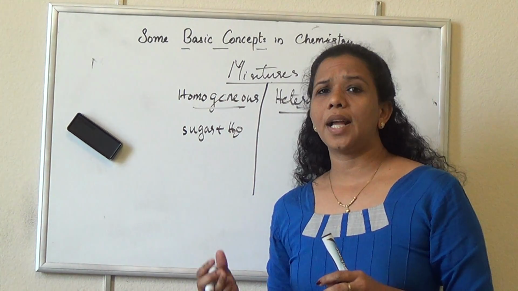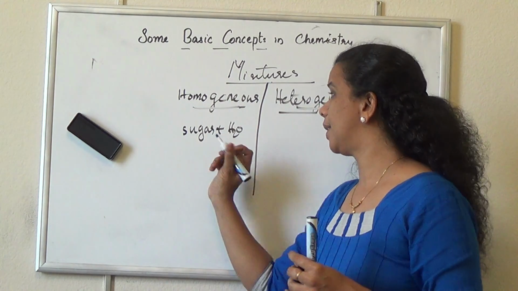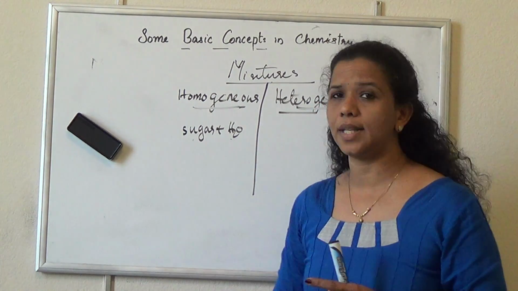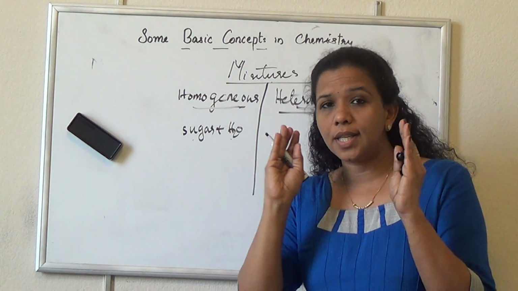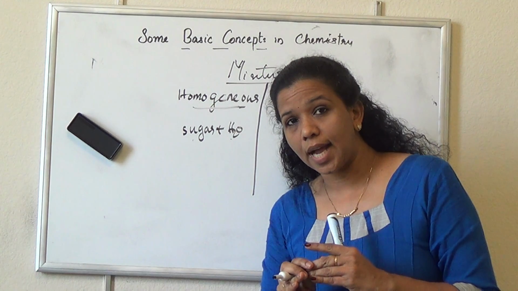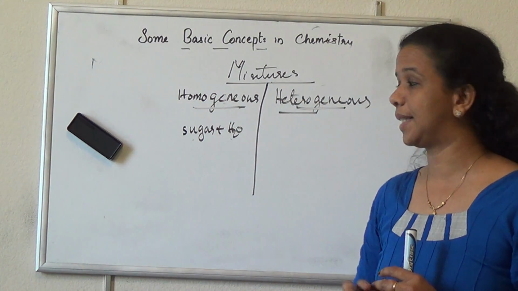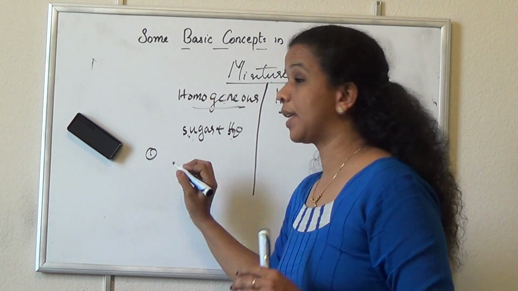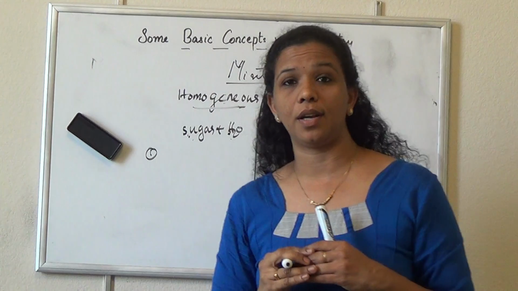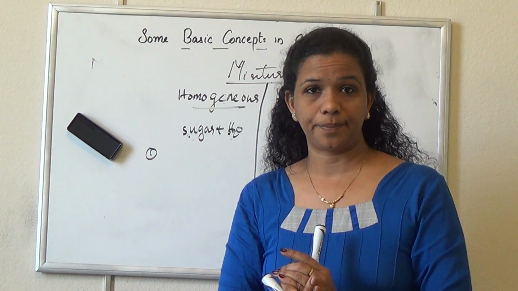At that time we will mistake it to be a compound, but actually it is a mixture of 2 components, sugar and water, but we cannot easily see those components separately. That type of mixture is called a homogeneous mixture. We see an object by observing its boundaries.